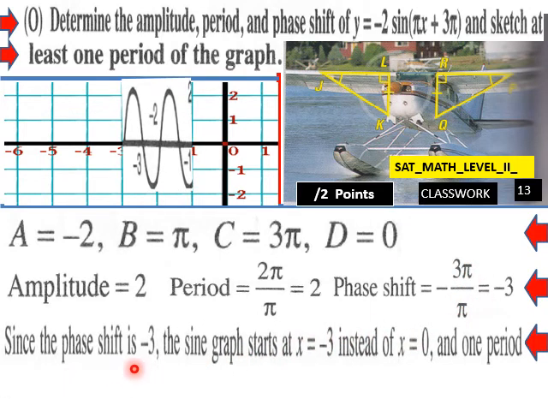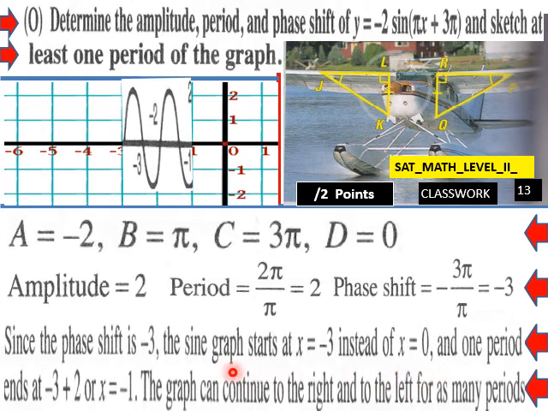And then since the phase shift is negative 3, the sine graph starts at x equals negative 3 instead of x equals 0. And one period ends at negative 3 plus 2, or negative 1. So right here would be the end of one period.